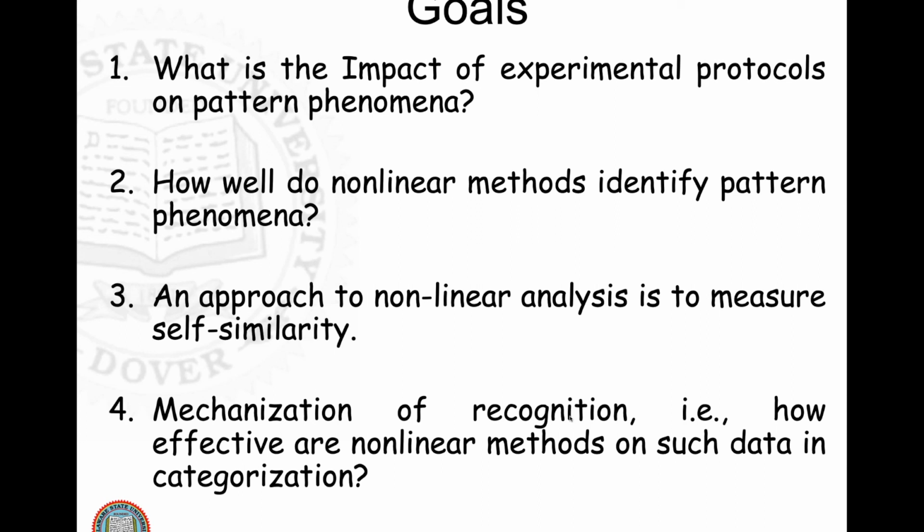We wanted to put together an approach to nonlinear analysis as a way to measure a notion of self-similarity of chemical compounds from their spectra. And then we also wanted to mechanize the recognition process. How effective are nonlinear methods for automated categorization and classification of these compounds?